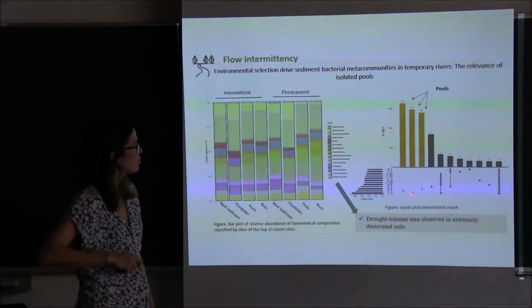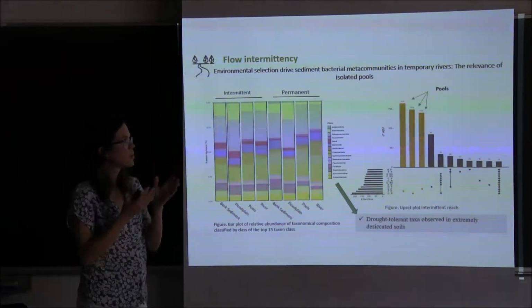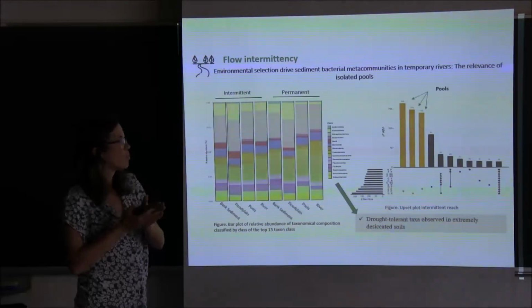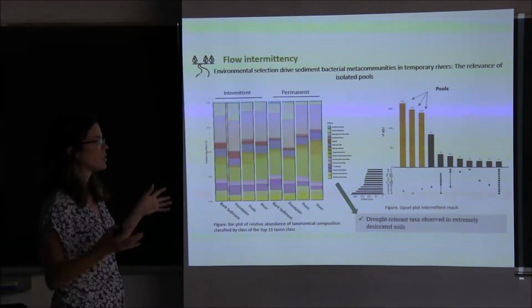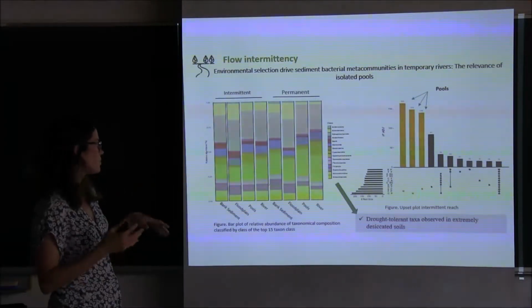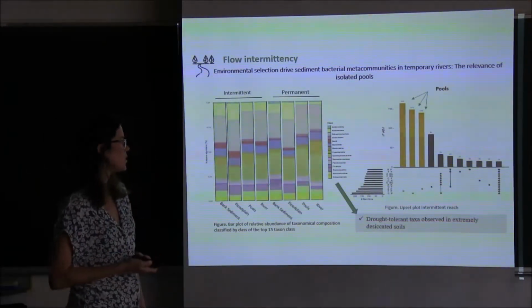This is observed in the pool during expansion time, and this is observed only in the contraction time, indicating the importance and the relevance of pools during this process of fragmentation, when the water is decreasing, so the flow is decreasing constantly.